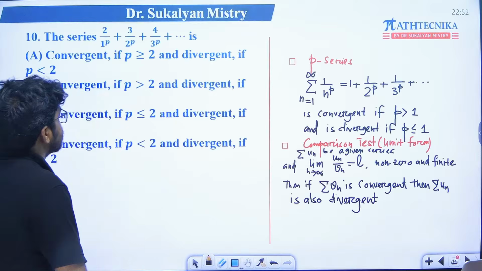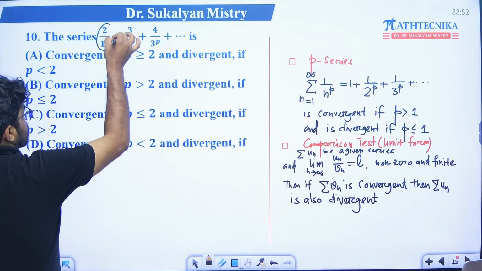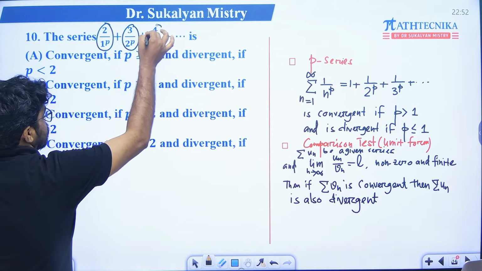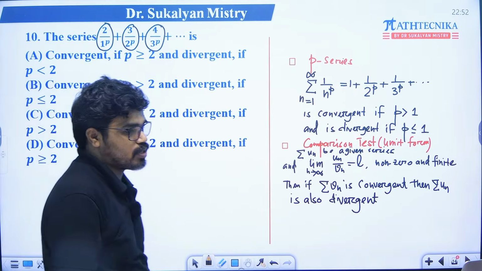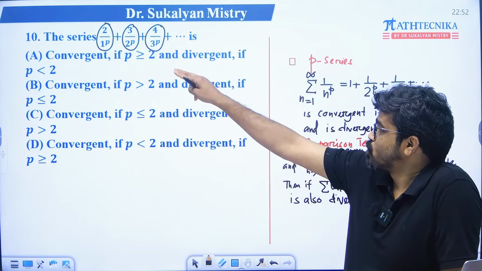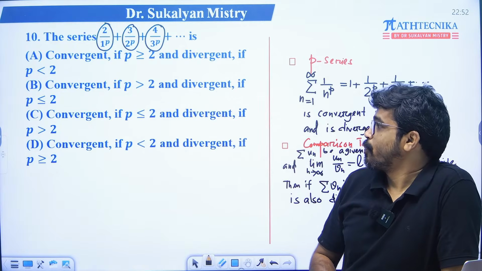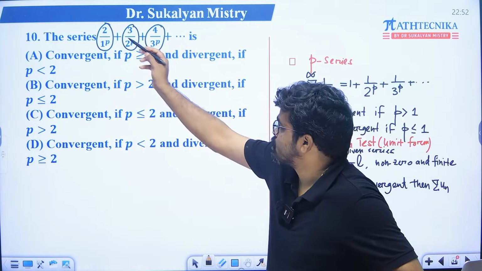Okay, দেখো এখানে সিরিজটা কি দেওয়া আছে? What is the given series? This is the first term, this is the second term, this is the fourth term. So what is the nth term of this series? দেখো 2, 3, 4 divided by 1 to the power p, 2 to the power p. 1 হলে 2 হচ্ছে, 2 হলে 3.